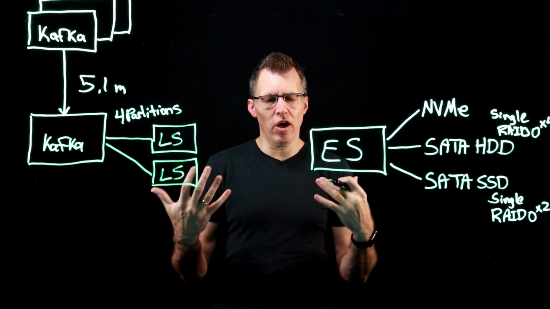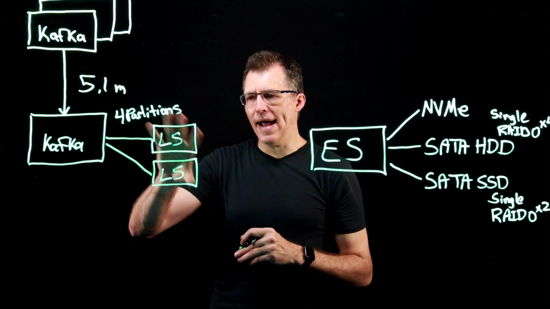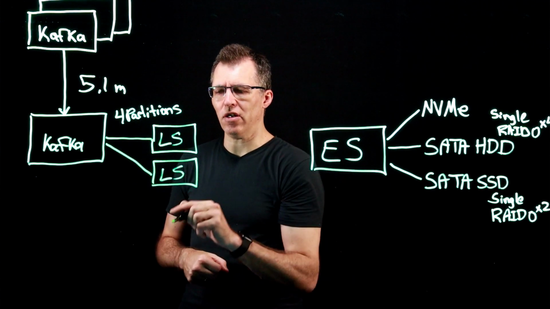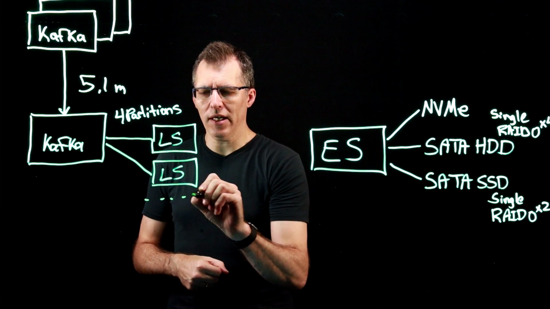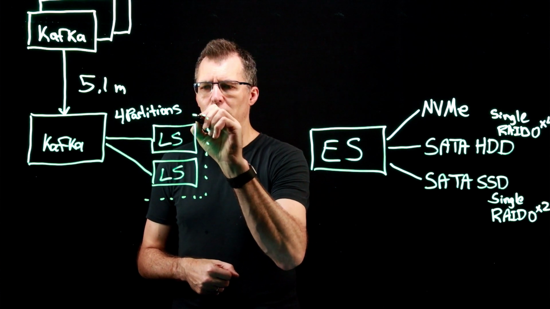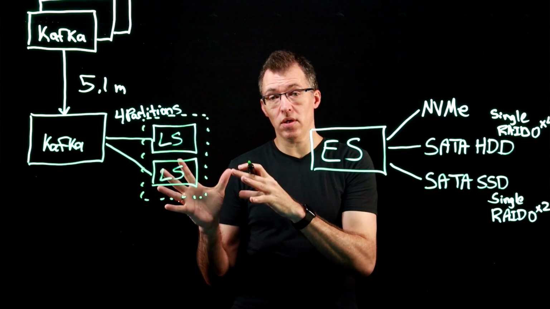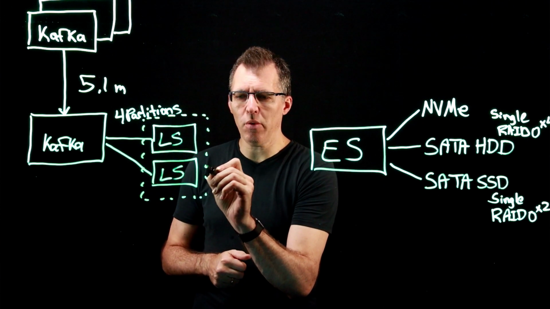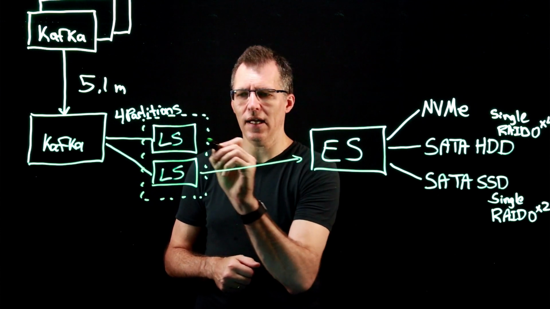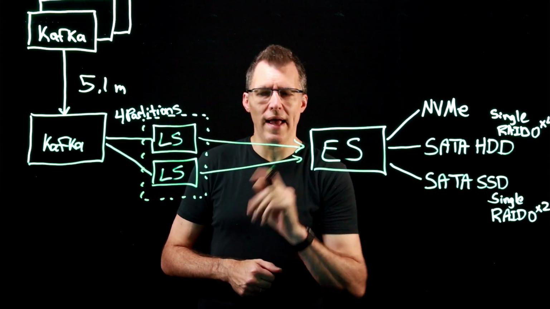That's just the automatic balancing that happens from Kafka consumers. These will be in what's called a consumer group in Kafka, so they will be functioning as one virtual instance. And they will then be writing that data into Elasticsearch.